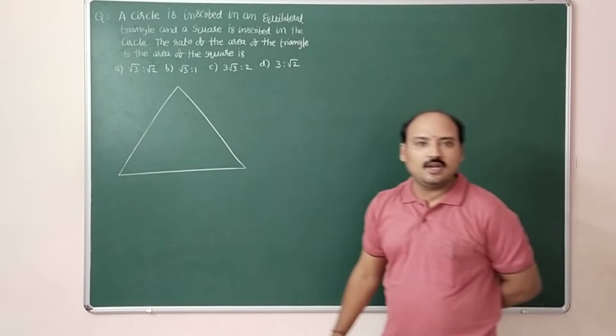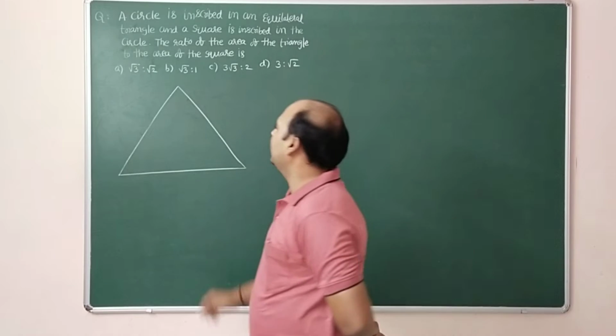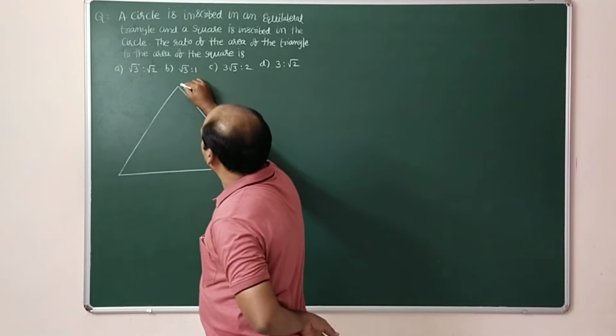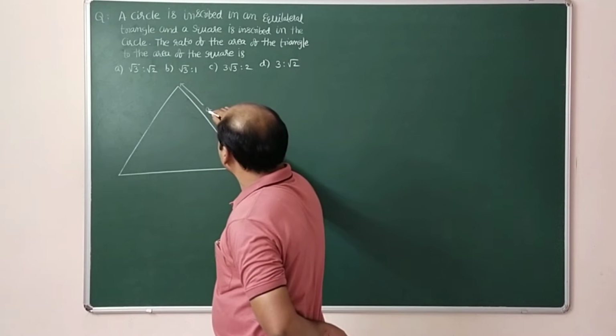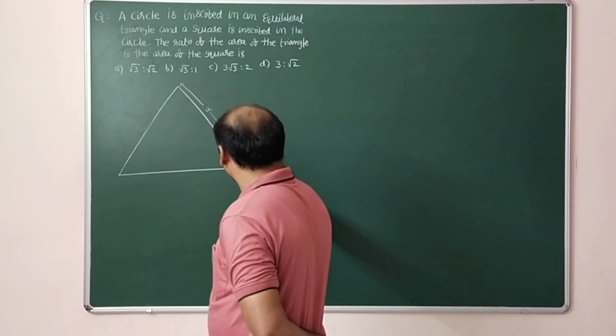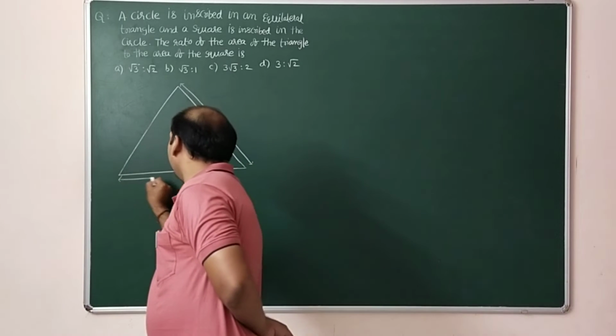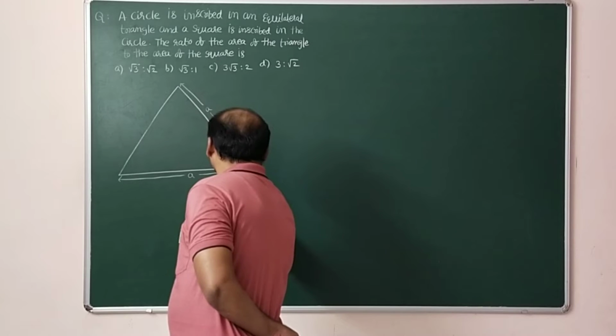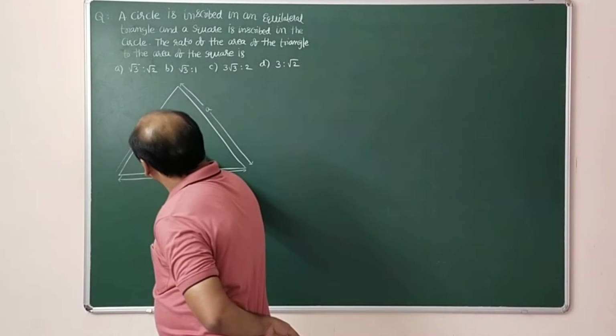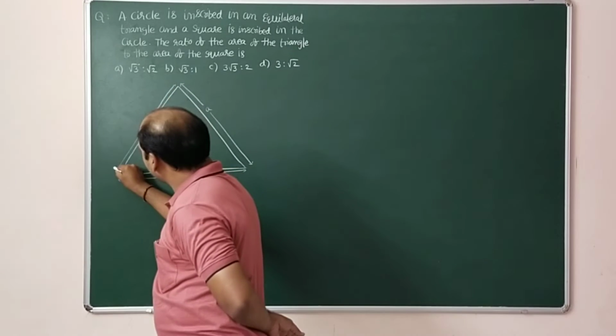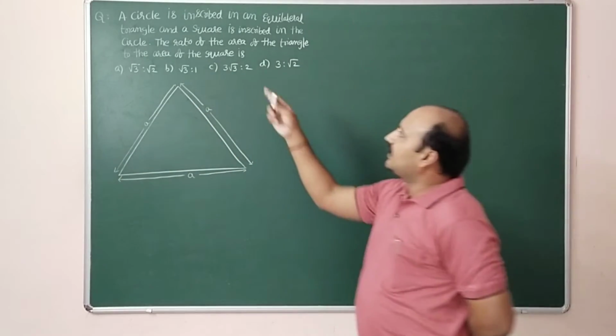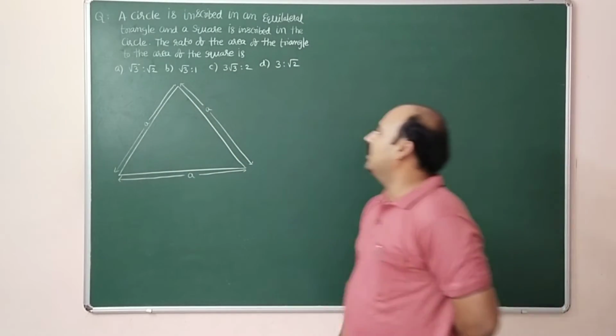This is an equilateral triangle whose sides are all equal to A units. A circle is inscribed in an equilateral triangle.